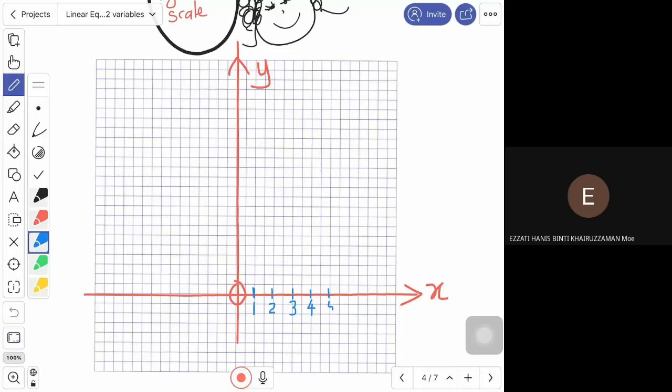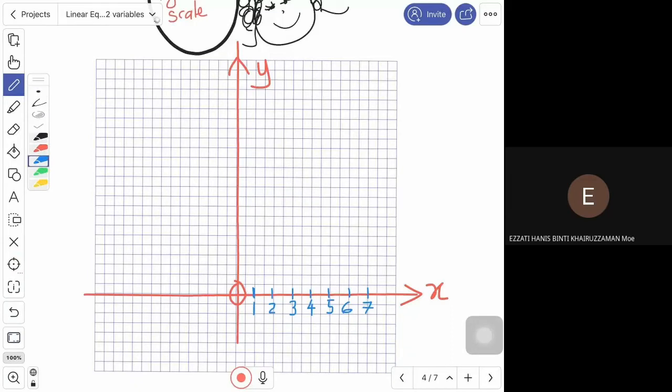What about going to the left? Going to the right of the x-axis, you have increasing positive values, 7 and so on. If we go to the left, because it is on the same x-axis, the distance must be the same too.